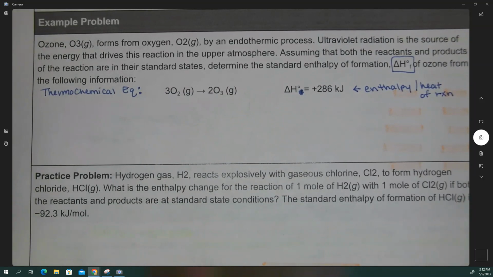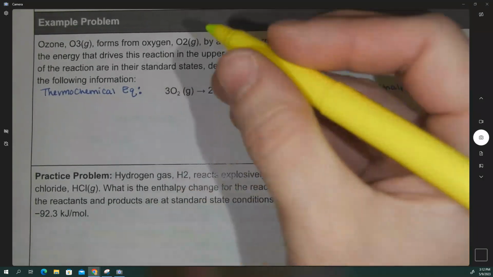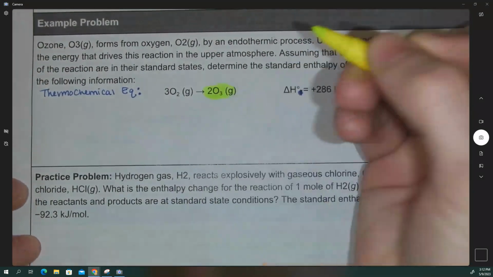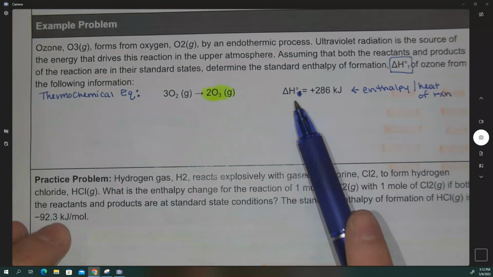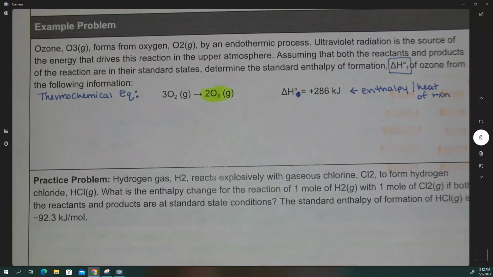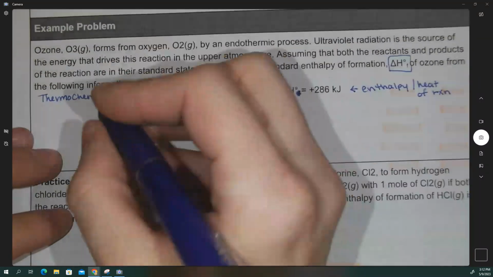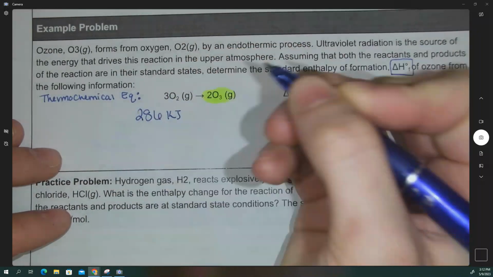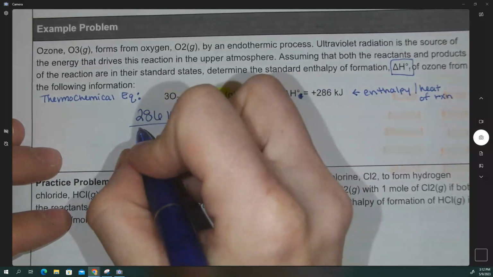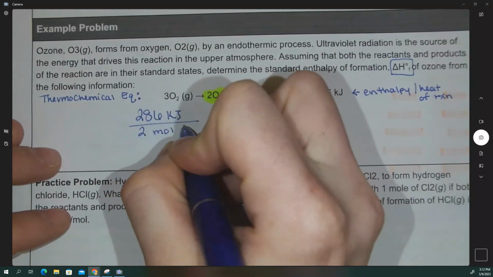Now, formation of ozone, we're looking at ozone, is in regards to 1 mole of the substance. And as you look here, our delta H is for 2 moles of ozone. So we need to convert this into 1 mole of ozone. So what we're going to do is take our enthalpy, which is 286 kilojoules, and divide it by the 2 moles of O3.